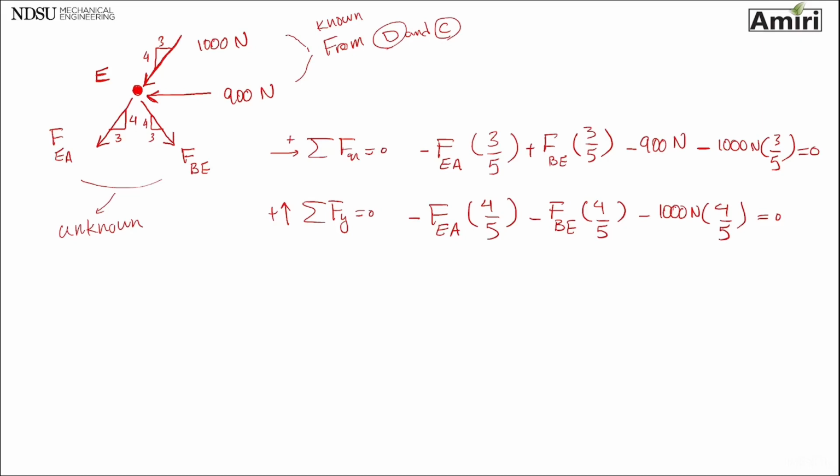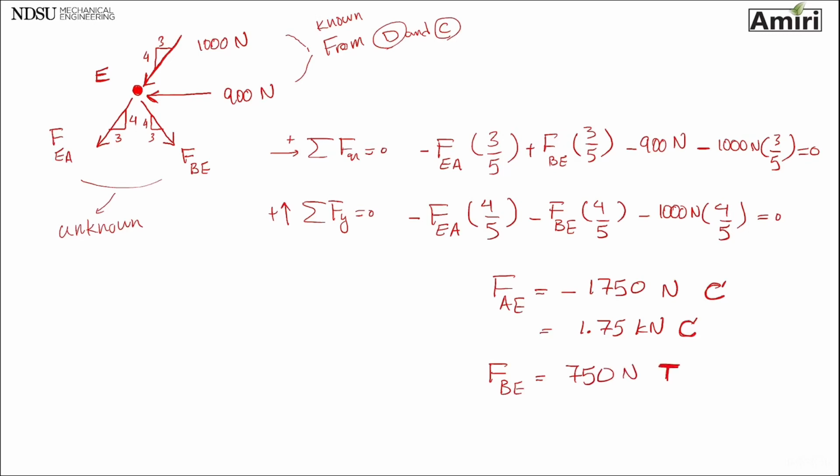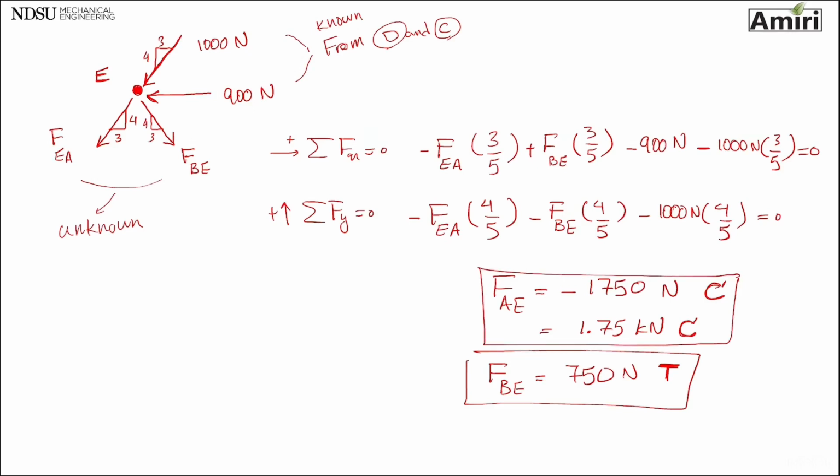If you do the two equations, two unknowns, we're going to get FAE or EA of minus 1750 newtons. That's minus, so it's going to be compression, or I can say 1.75 kilonewton compression. FBE is going to be 750 newtons. That's plus, so that is going to be tension. Okay.